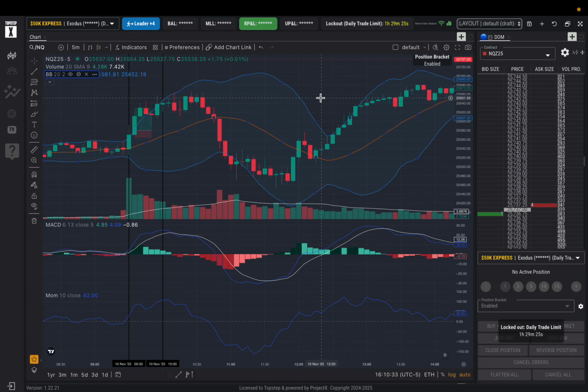So always look at the indicators. They tell you what price is doing in the moment, and that is very valuable as a momentum trader.